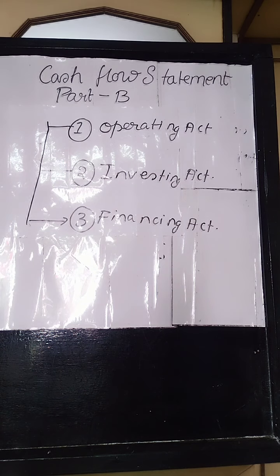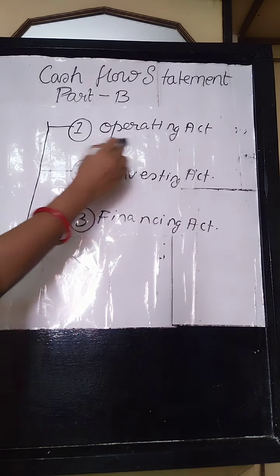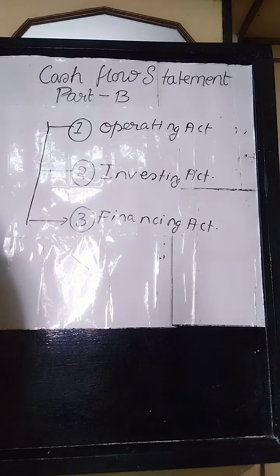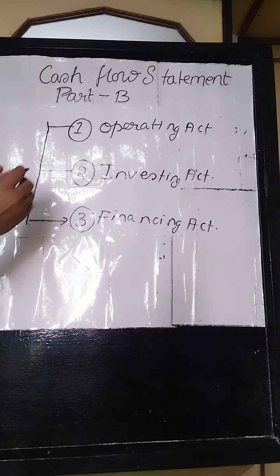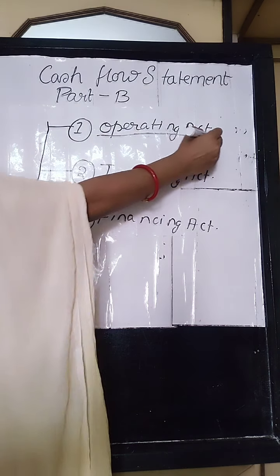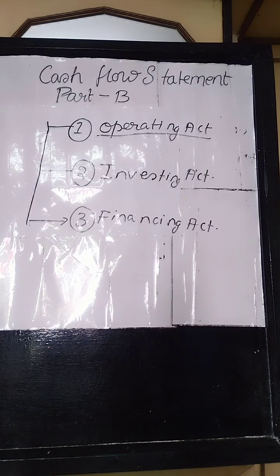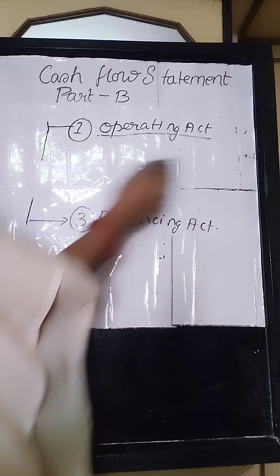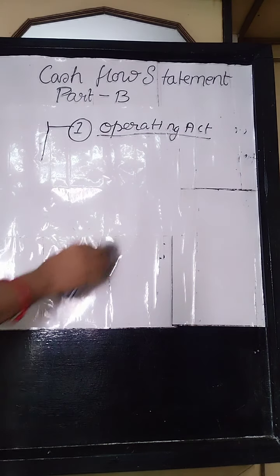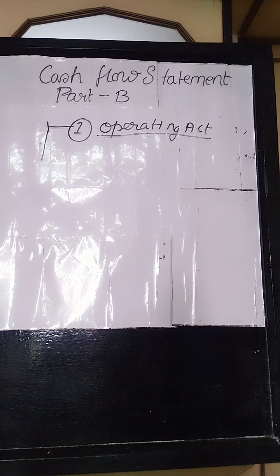Today in this class we will focus on operating activity, the first part of any cash flow statement. So let's discuss operating activity. This is the primary part of the cash flow statement. What are the things contained in operating activities?